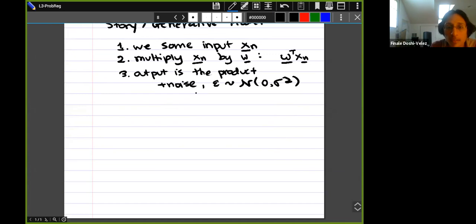All right, so what my story says is that an input x comes in, it gets multiplied by some weights, and that my y is now equal to w transpose xn plus epsilon. Let me write down epsilon n, because every data point gets a separate n. So this is not necessarily real life or anything like this, but this is the story that we are going to use now to try to do some inference.